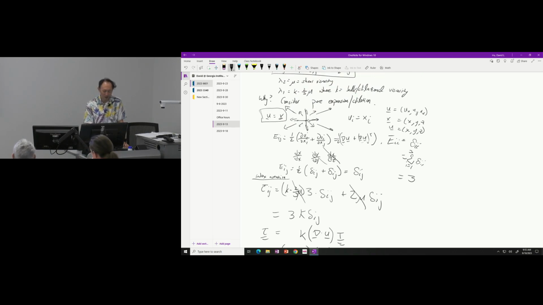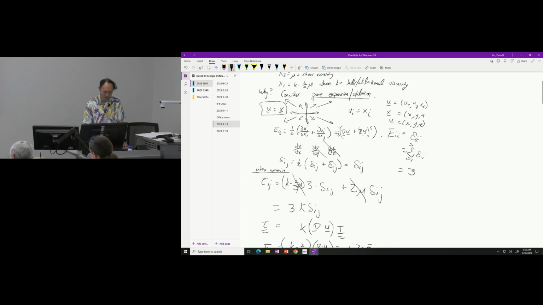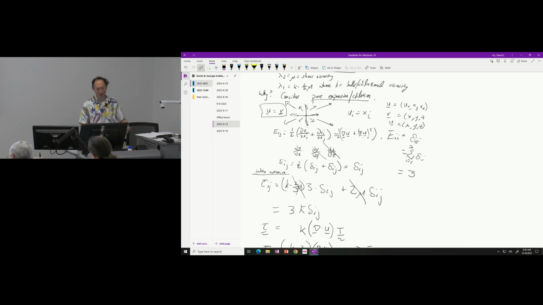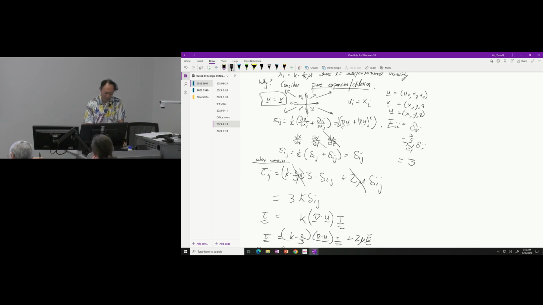This is a very weird flow: the farther you go out from the center, the higher the velocity is. It's not very physical, but the reason they like it is the directionality: it comes from the center and goes outward. They call this pure expansion, and with a negative sign it's pure compression.